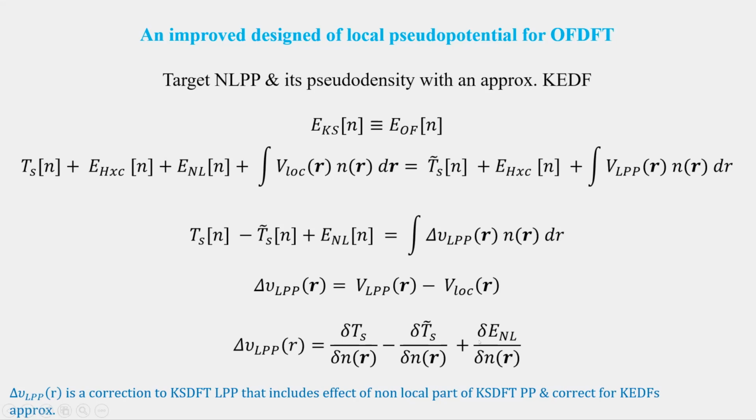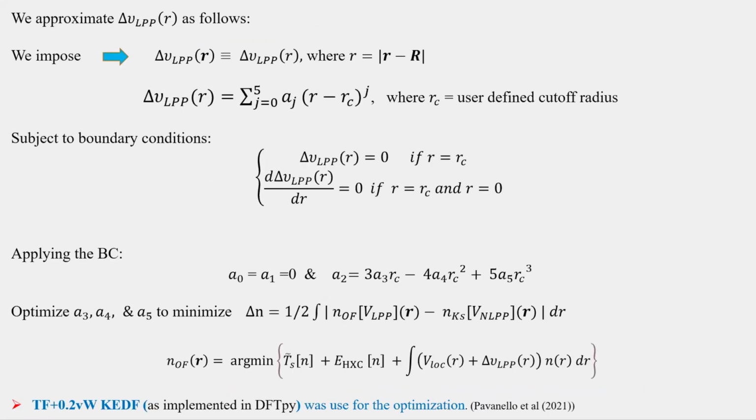Also, it incorporates the effect of the non-local part of the kinetic density functional. To implement this, we approximate our correction, which we have just shown. We start by imposing that the correction is spherically symmetric.